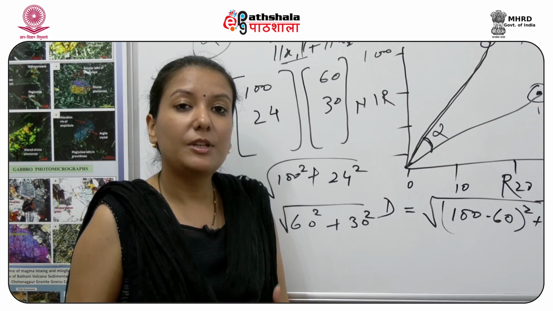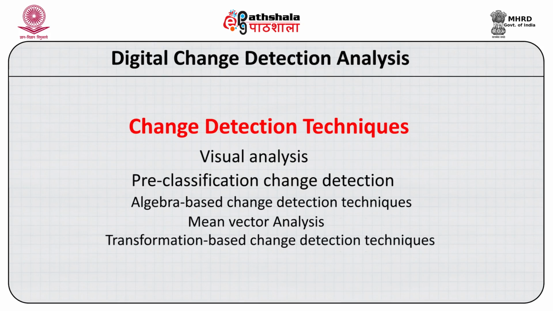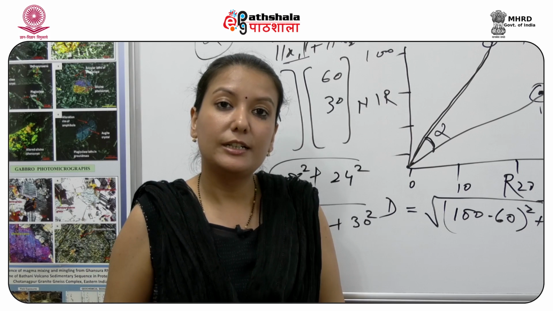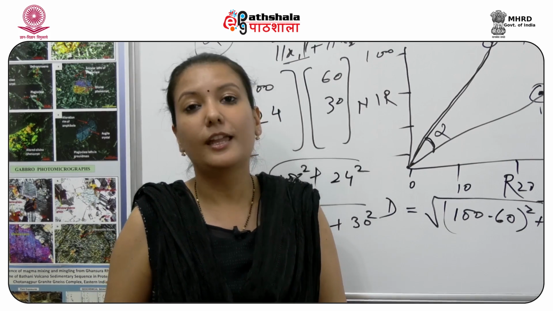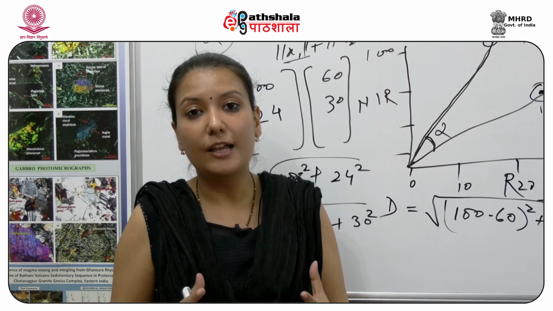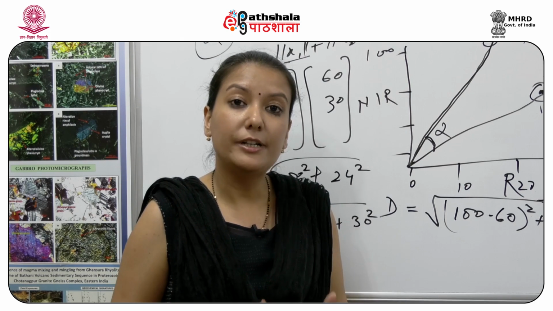Another method which can be applied on the images directly are the transformation methods like PCA or the principal component analysis. Now in principal component analysis, it considers multiple band data and it transforms them orthogonally so that you can have the highest variance available in the least amount of data.